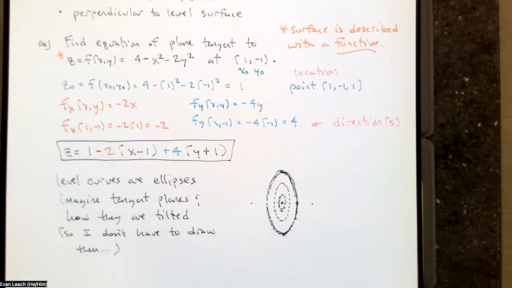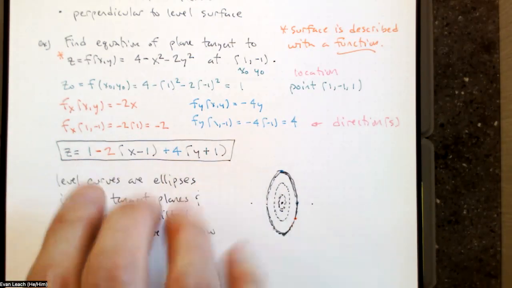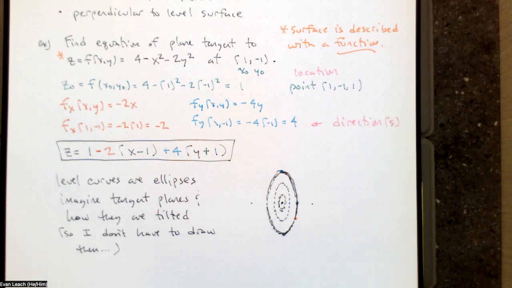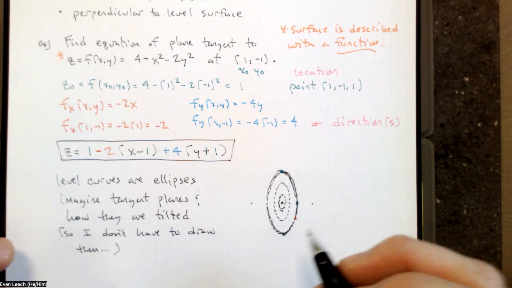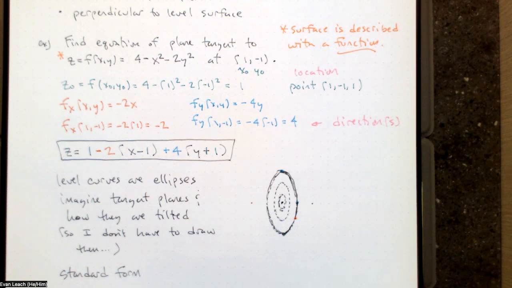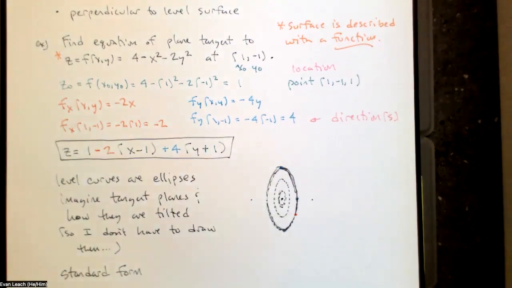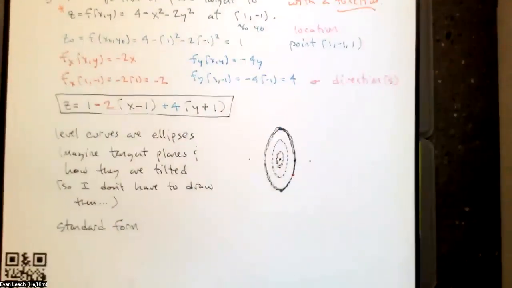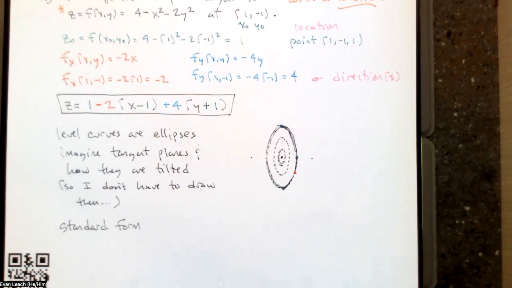This was the point slope form where we have a location and a direction, or two directions. We can rewrite this into a standard form by putting everything on one side.